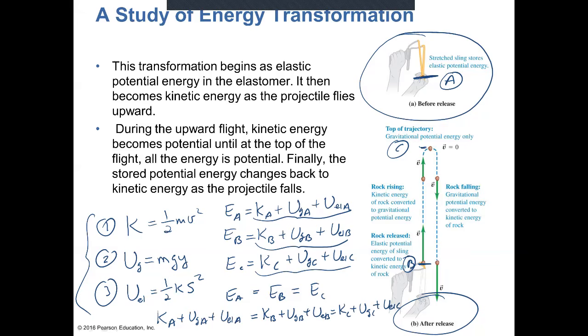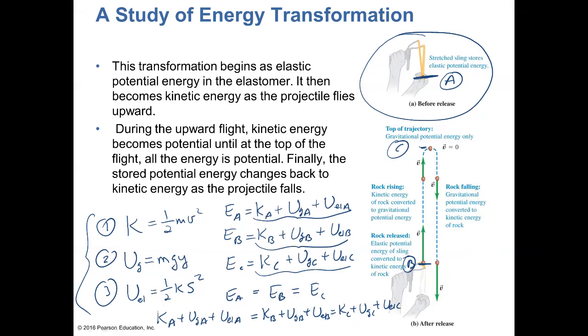So that sum of three types of energies at point A equals the sum of three types of energies at point B equals the sum of three types of energies at point C. Doesn't mean that for any of the particular points you will have all those energies. It depends on a number of things.